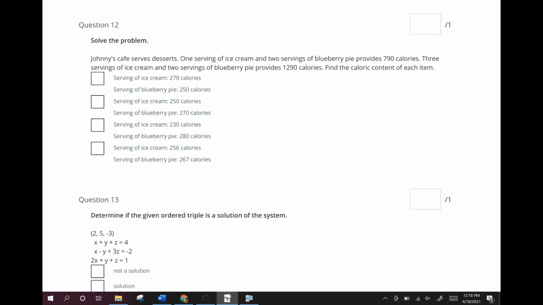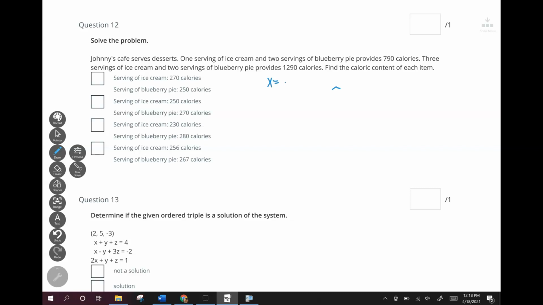So I'm just going to, let's see, we're talking about ice cream. So I'm going to say x equals calories in 1 serving of ice cream. And I'm going to let y equal the calories in 1 serving of pie.